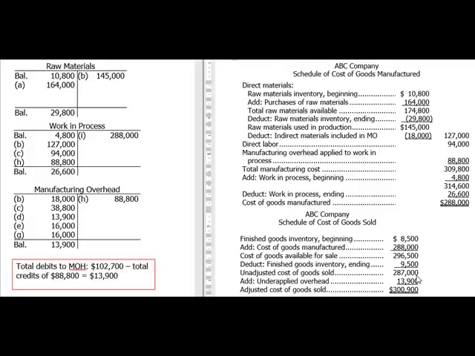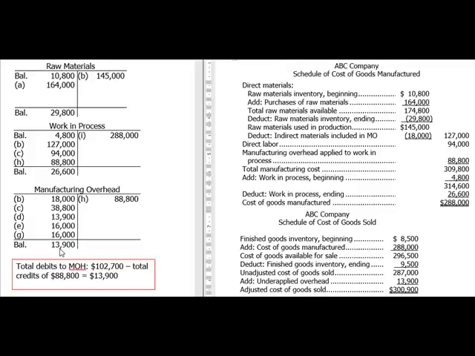But we're not quite done because we have to deal with the manufacturing overhead account. We have to look to see, did we apply too little overhead to our jobs or too much? So looking over here at the manufacturing overhead account, we see it has an ending debit balance of $13,900.